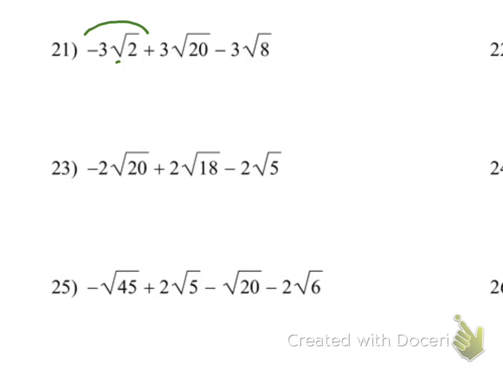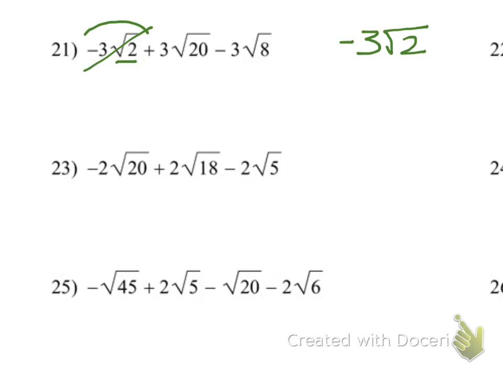Root 2 is a simplified radical. So we've already had our general lesson and intuition on radicals. So if you don't identify that root 2 is simplified, you might want to go back to one of the simplifying radical videos. So I'm just moving that one over, crossing it out because I don't want to get confused with it. I already rewrote it.